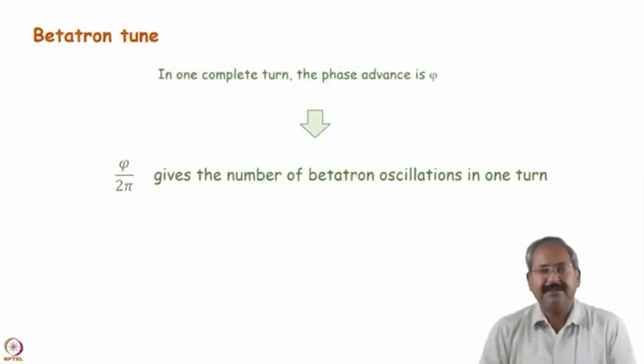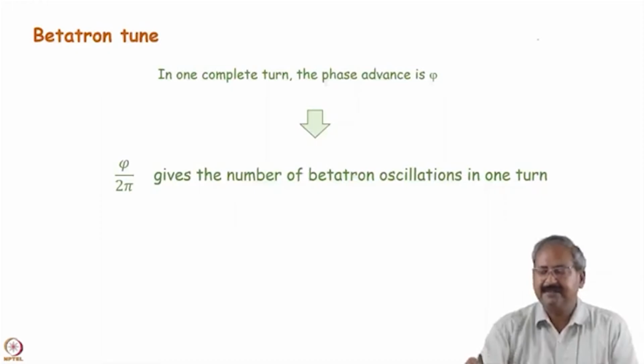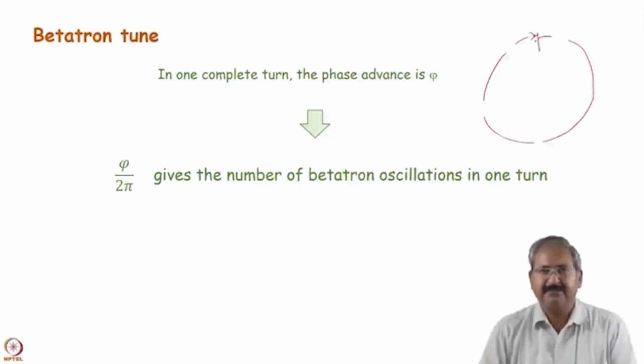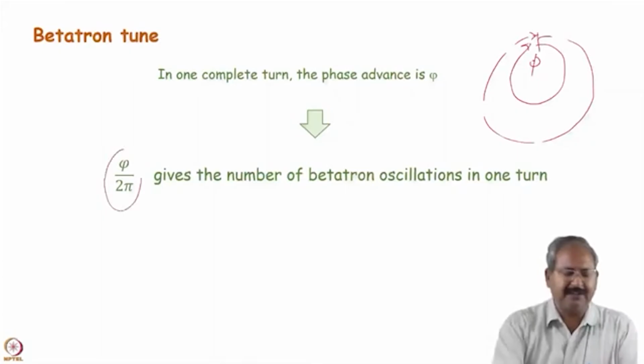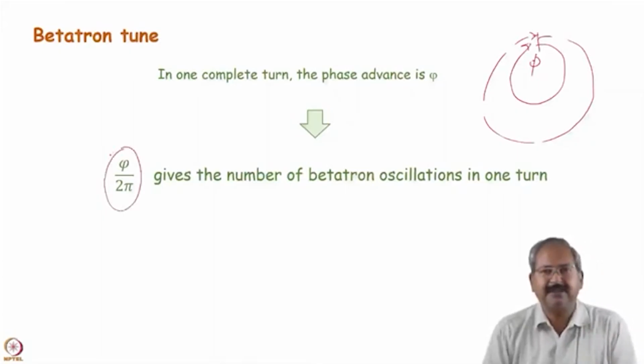Now in one complete turn, means we started from the initial point, and in the synchrotron we again reached this point. This is one complete turn. If the phase advance of this one complete turn is phi, then phi by 2 pi will give you the number of betatron oscillations in one complete turn.